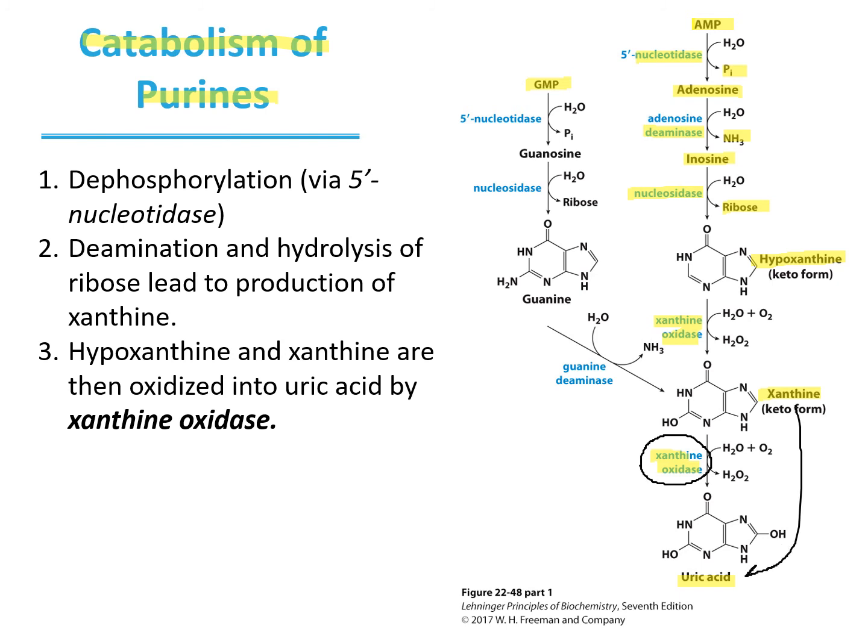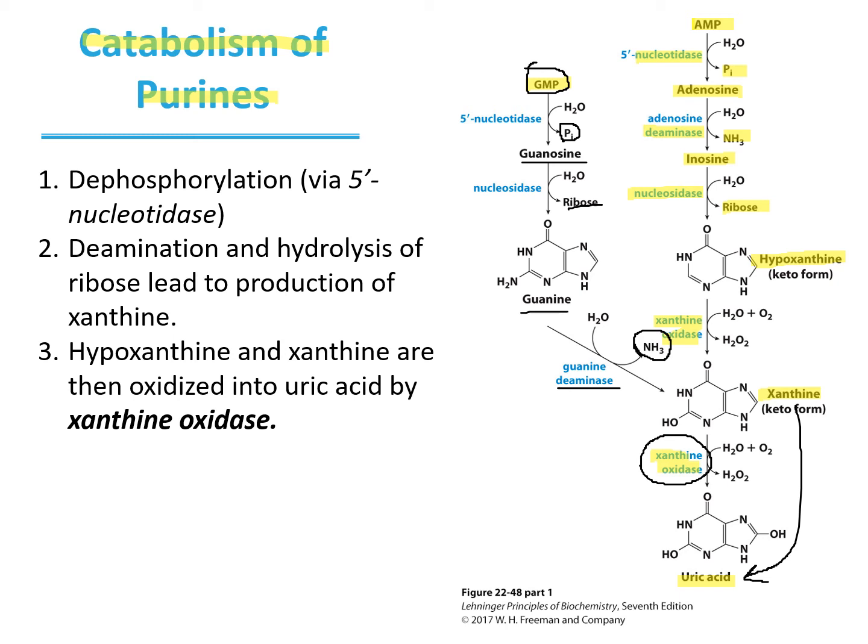Now, on the other hand, if we start with the GMP, a similar process is going to take place. First, we take the phosphate out of the nucleotide, it becomes a nucleoside, the name is guanosine. Then we take the sugar out, it becomes guanine, which is the nitrogenous base, and guanine is converted into xanthine with the help of the deaminase enzyme, which takes the ammonia or NH3 out of it.